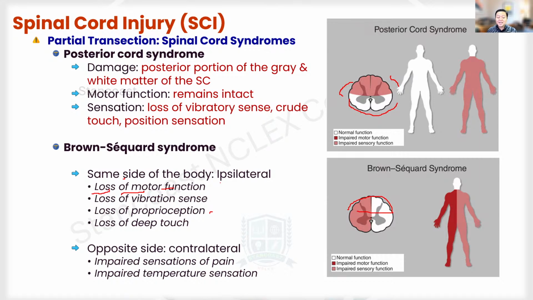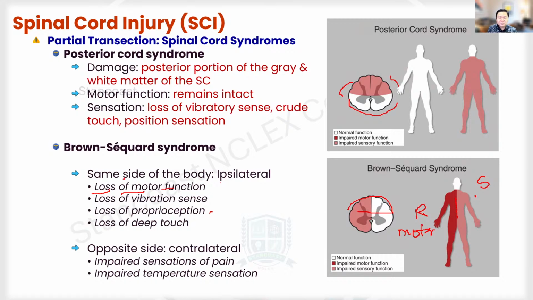And actually, the impairment of the sensation rather is on the opposite side. So for example, if the injury is on the right side of the body, wherein the motor function is going to be impaired, however, the patient's sensation is going to be affected on the exact opposite side, on the left side. So again, we're talking about the loss of pain and the loss of the sense of temperature.